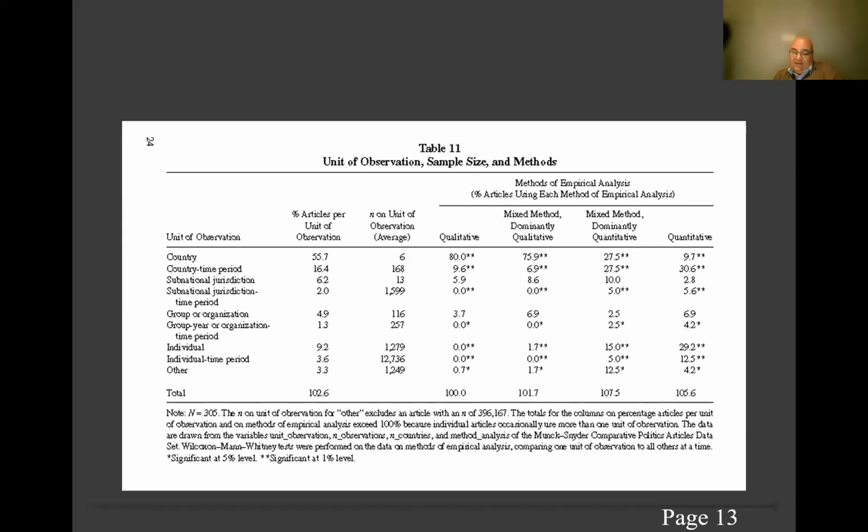The story tells, okay, when you look at comparative articles, you see that the number of quantitative articles increases. Secondly, the number of qualitative articles is declining. But the issue is that the number of one country focused studies is declining. One country focused studies are not popular anymore.